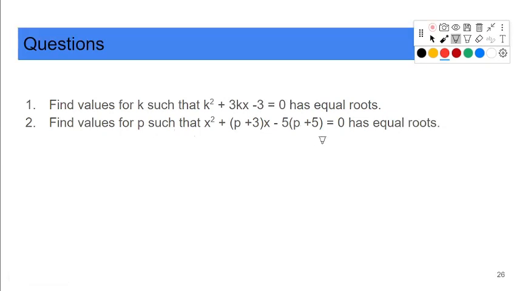Okay, so has anybody started to work it out yet? Not finished, but started? How far did you get?